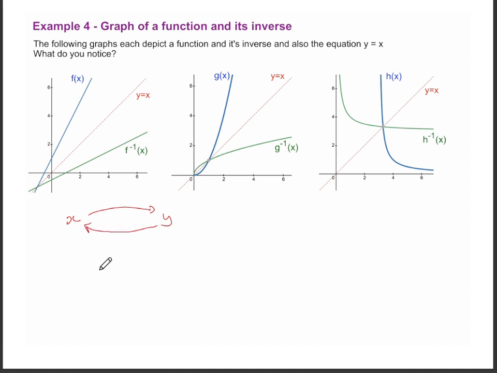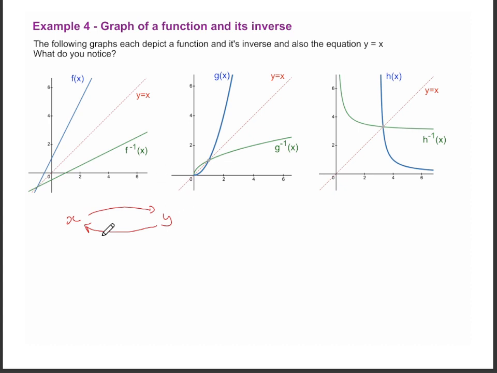So the x and the y's are switching their place, right? The x, first the input, becomes the output y, and then y is the input and becomes the output x.